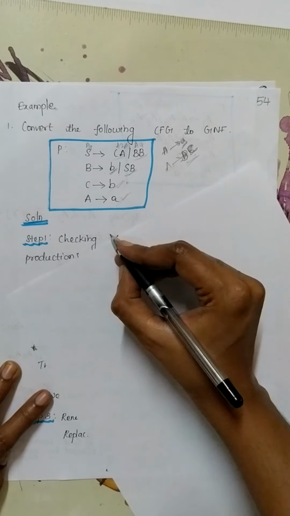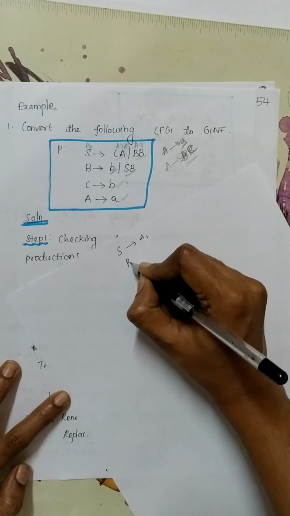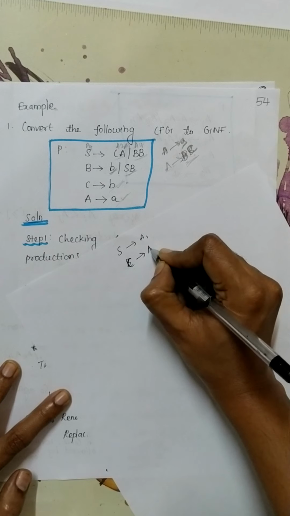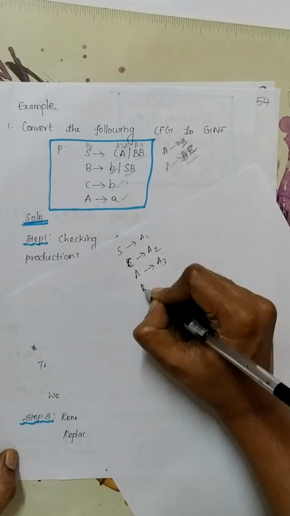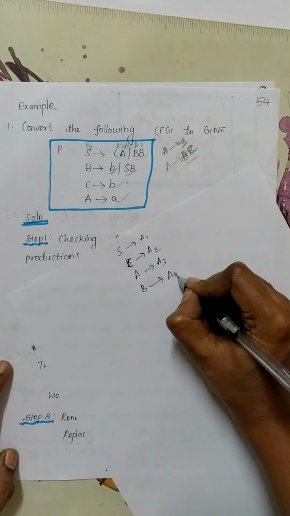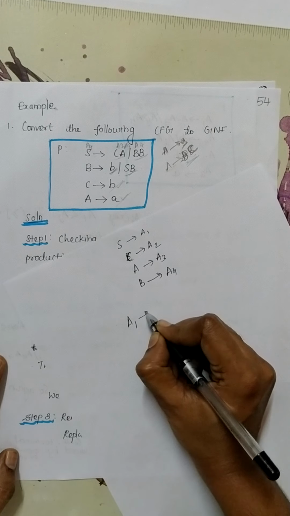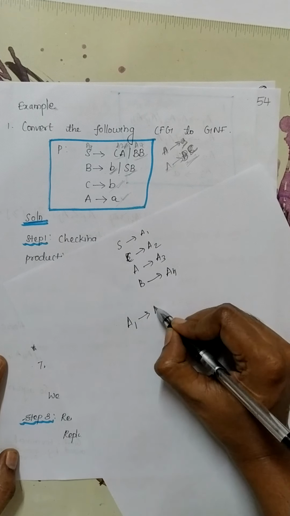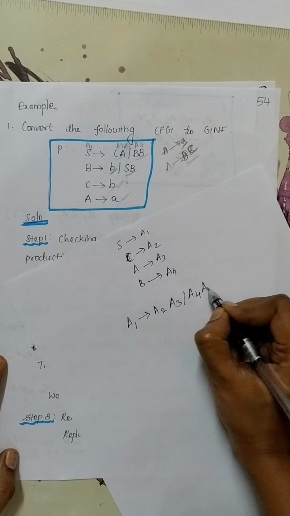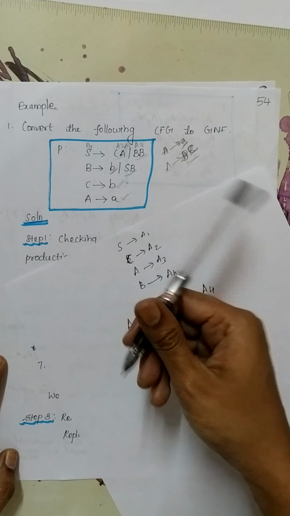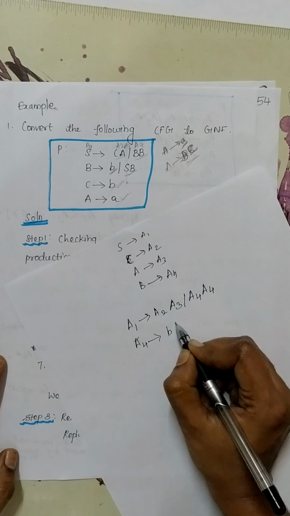Now let's see how we can rename our grammar. What is S? S is A1. A1 gives, what is C? C is A2. So A2 A3 or A4 A4. Then the second one, that is B. B means A4 gives b, or what is S?